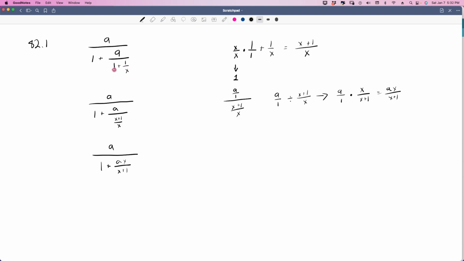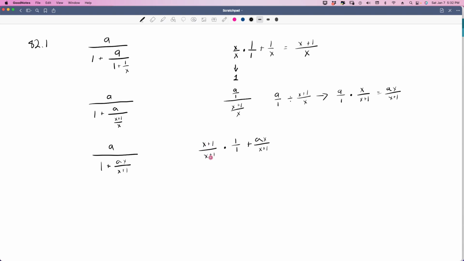Now we're back where we started with this. So now we're just going to find another common denominator. So we take this over here and we say 1 over 1 plus ax over x plus 1. We need to have a common denominator of x plus 1. So we're just going to multiply x plus 1 over x plus 1 times 1 over 1. Because it doesn't matter what x plus 1 is.